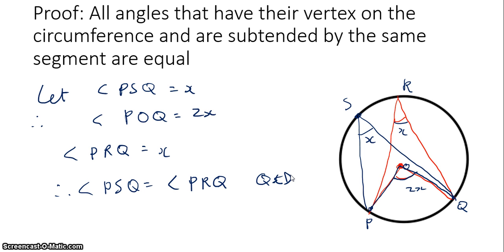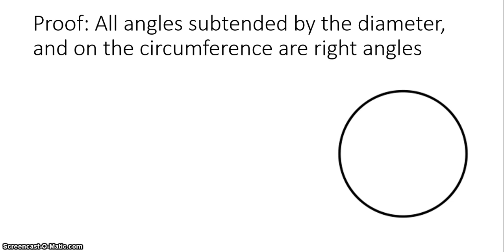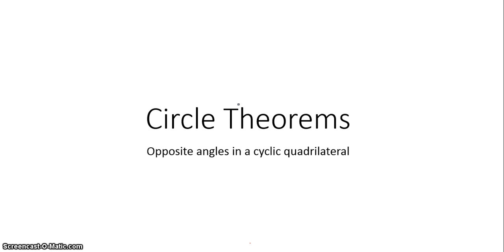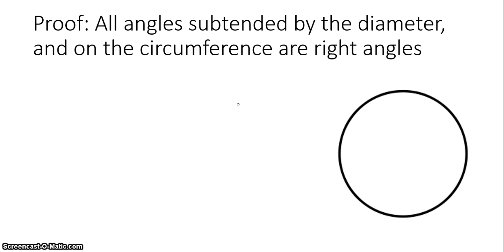So let's take this onto another example, the special example of all angles subtended by the diameter on the circumference are right angles. So let's just draw that example out. So I'm just going to draw again the origin. We're going to have one point right there, another point right there.